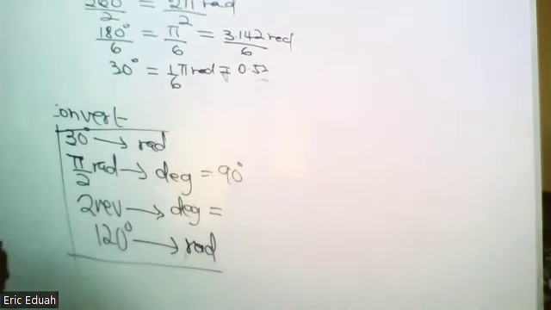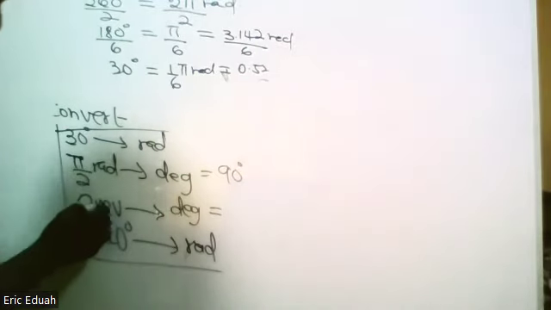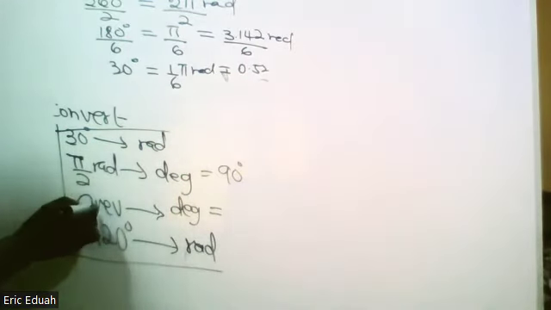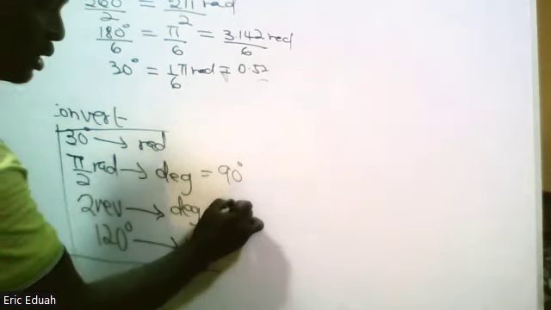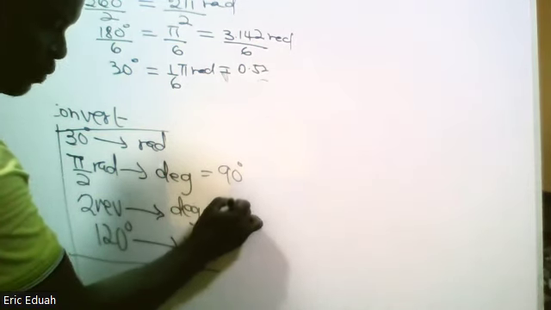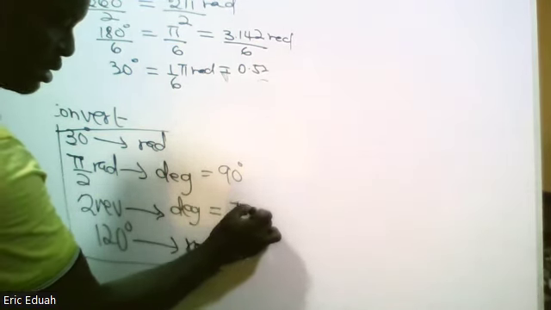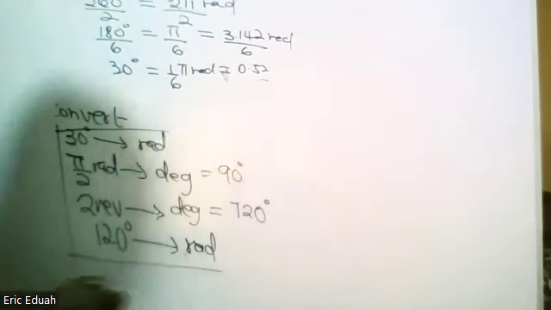Exactly. Because 1 revolution is 360. So if 1 revolution is 360, then this will be 360 times 2, 720 degrees. Exactly.